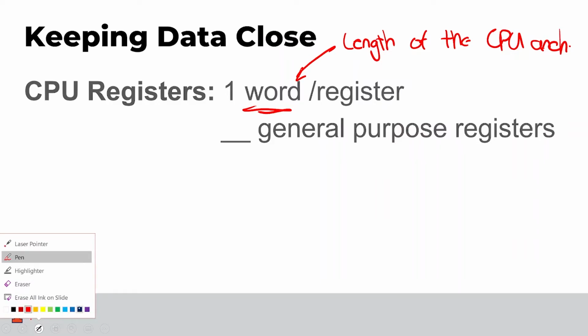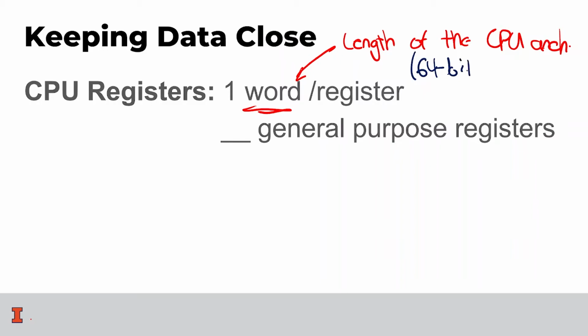So if you have a 64-bit CPU, that's going to mean your word is 64 bits. If you have a 128-bit CPU, a word on that CPU is 128 bits. So when you say a word in systems, that describes the number of bits in your CPU. So 64-bit processor, 1 word is 64 bits. And then there are only 16 general purpose registers on x86-64.